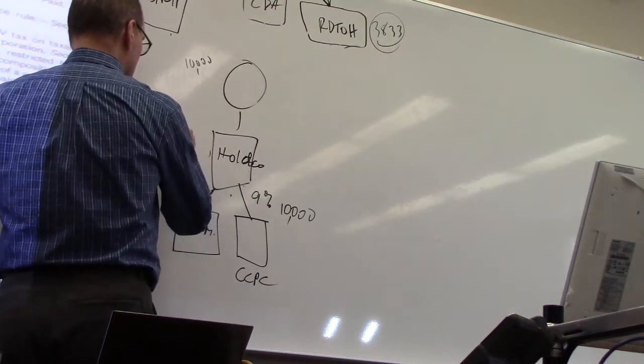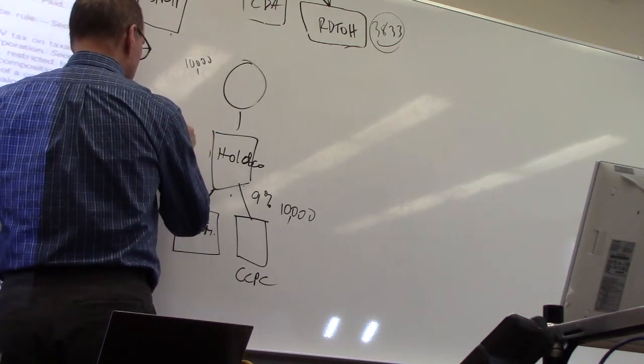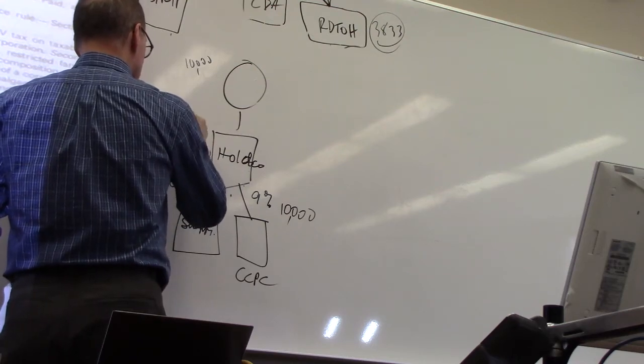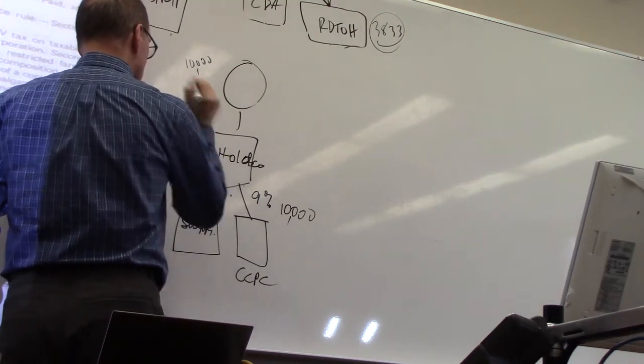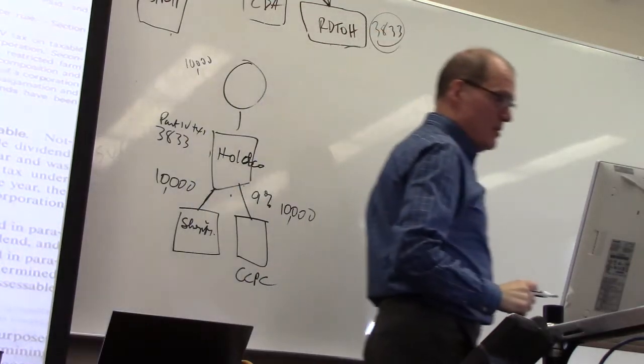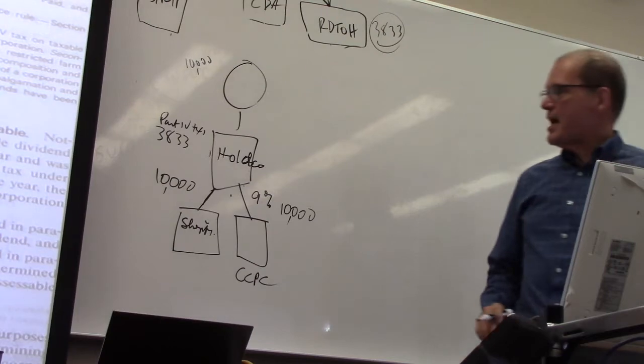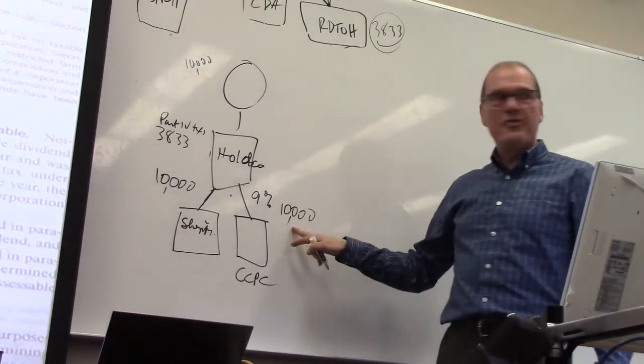This one results in a 38 1/3% Part 4 tax. And the question is, how much tax is payable on this dividend?